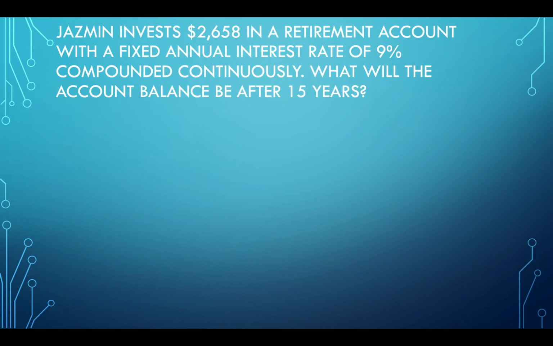How about this one? If someone invests $2,658, compounded continuously at 9%, how much will they have after 15 years? Our principal is 2,658. Our rate is 9% or 0.09, and their t is 15. Plug it into this equation.